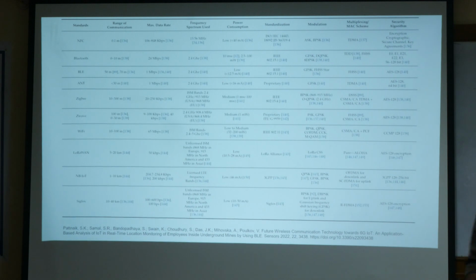So these things are not that popular, or we are not looking into them. But if you are into a massive machine type communication technology, you have to look at these 3 very closely. And if you look at the kilometer ranges, this is giving you 20, this is giving you 10, and this is giving you almost 10, right? So the distance it covers is a 10 kilometer radius.